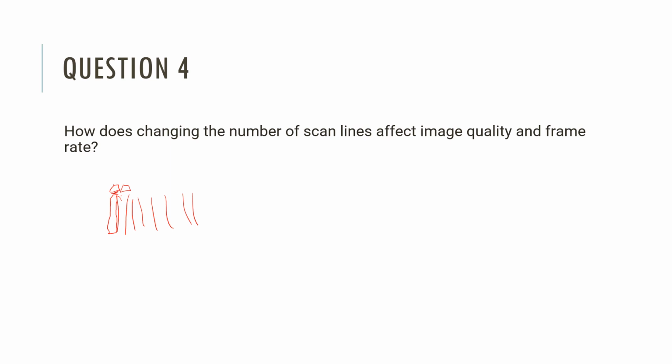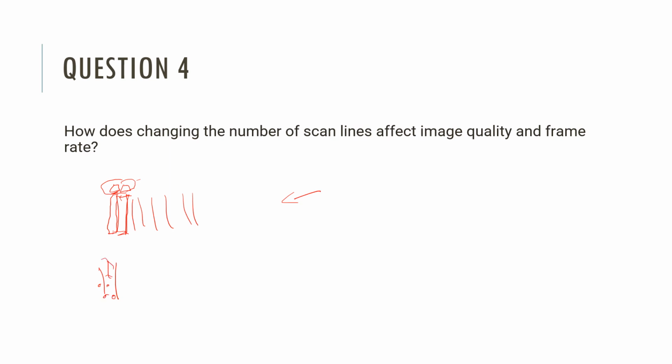Now, if we reduce the number of scan lines, we group more elements together. So this line here will actually be thicker. Let's just say we halved it. We group more elements together, and this line will be thicker, which means we reduce our resolution, because now we have a wide beam. If there are two points that are separated outside the beam, we'll see them as separate signals.